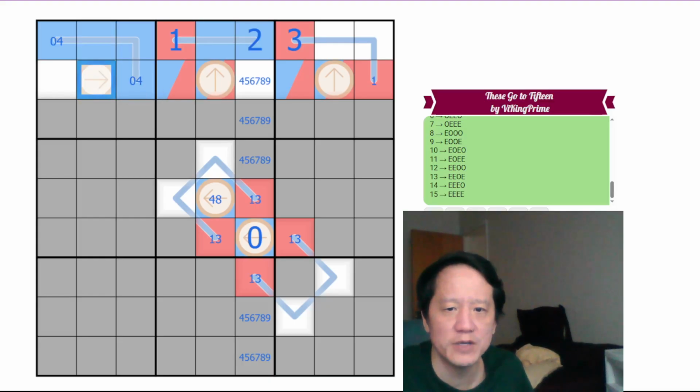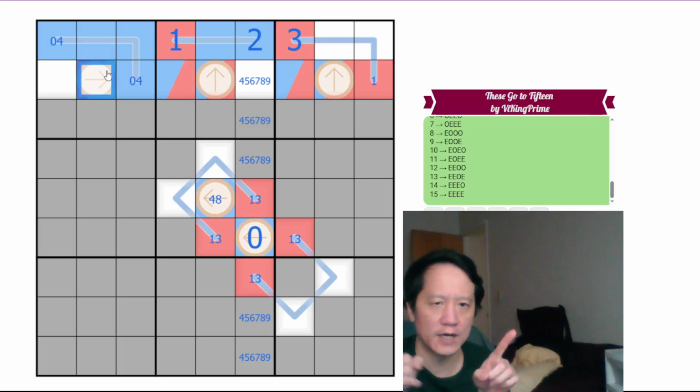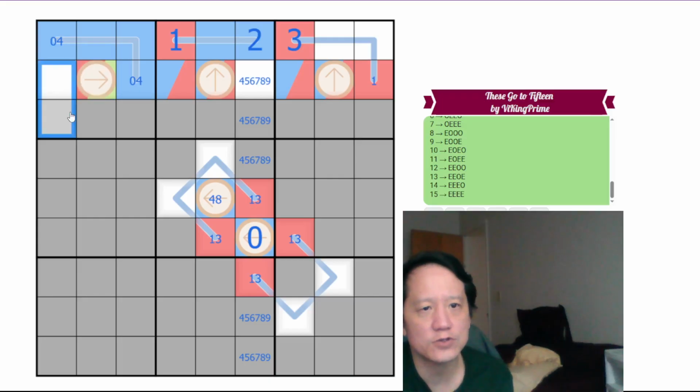So this must be odd, right? Because this is even, that's odd. Therefore, the rest have to be all odds, right? Because we have an even and odd adding up to an odd value here. So the remaining digits must be all odd.